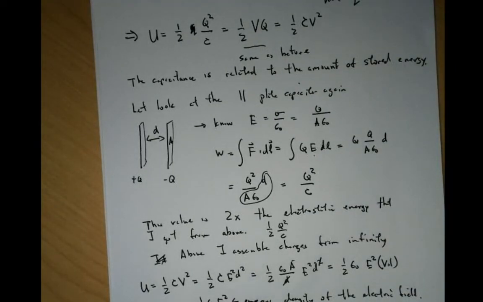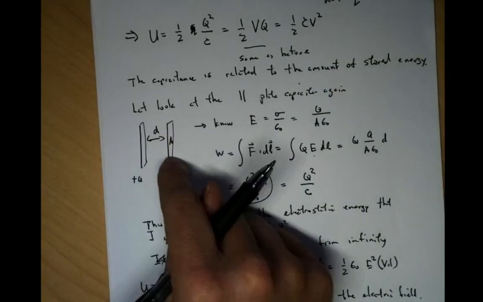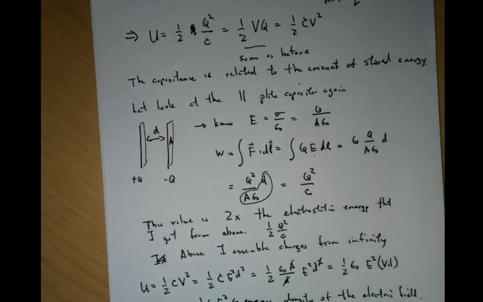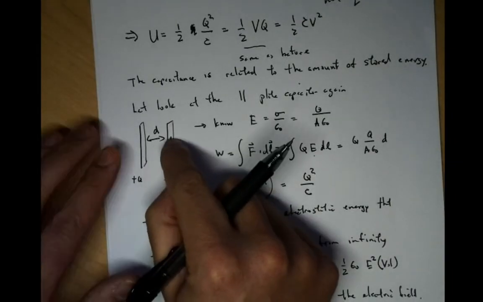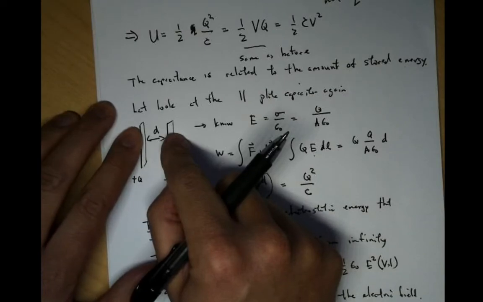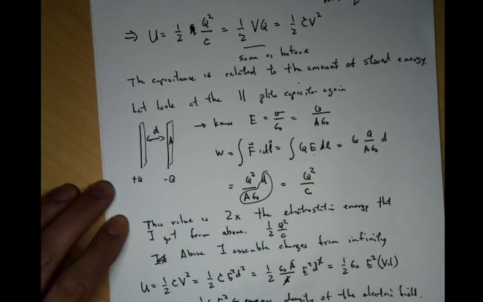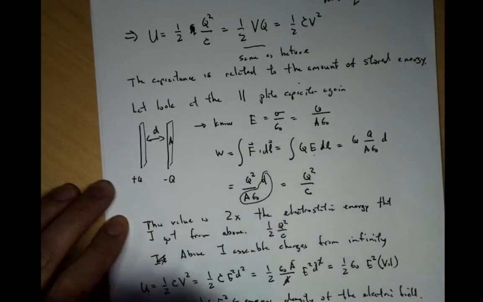The first half comes from the fact that there's a charge and there's a potential difference between these two. That's the first piece of it. The second piece comes from the fact that as you build this charge up from infinity, you also build up the electric field between them, and the electric field also has energy associated with it. It's basically 1/2 of the total energy. So you combine the two, 1/2 plus 1/2, you get 1.